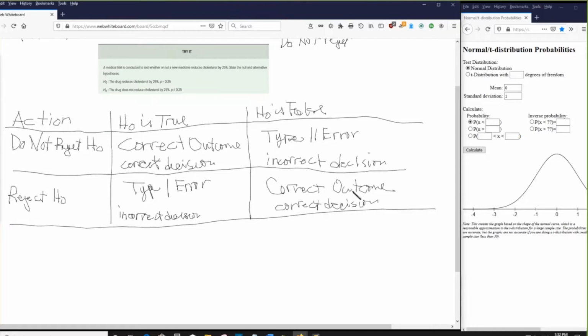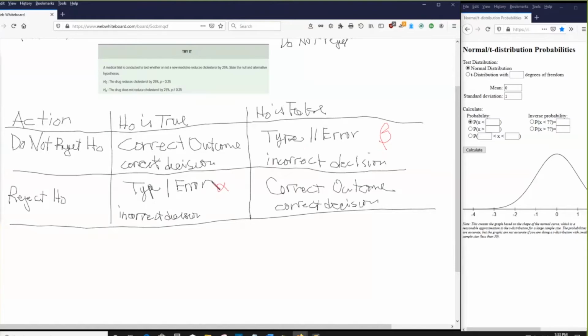Okay, let's look at some examples of that. Before we do that, the probability of having a type 1 error is called alpha. The probability of having a type 2 error, we're going to label as beta.